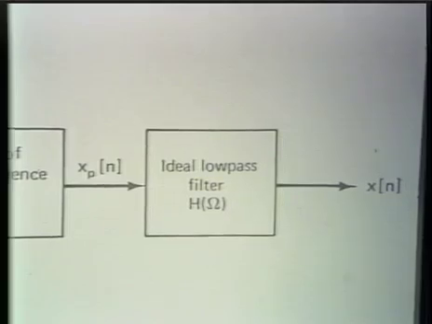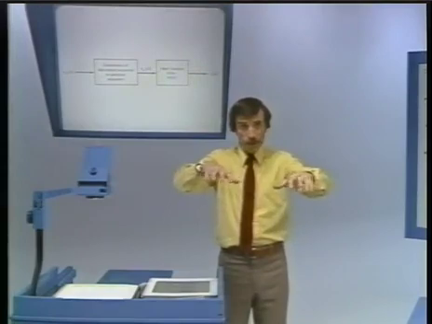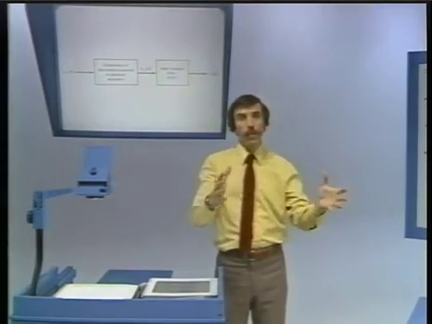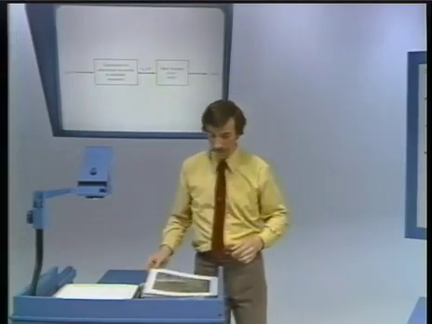So we now have the two steps. We take the decimated sequence and we expand it out, putting in zeros, and then we desample that by processing it through a low-pass filter.